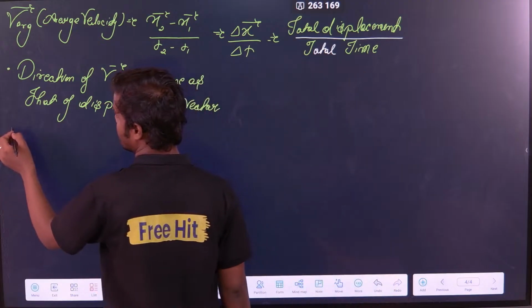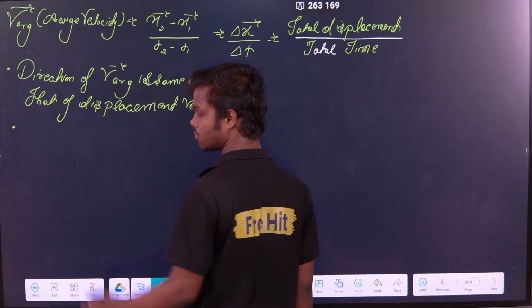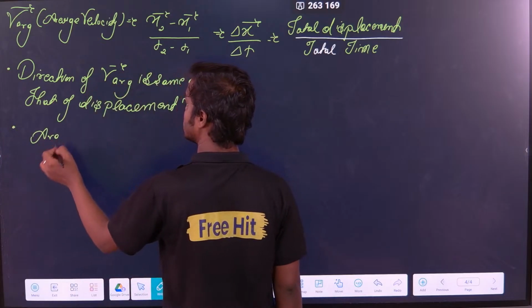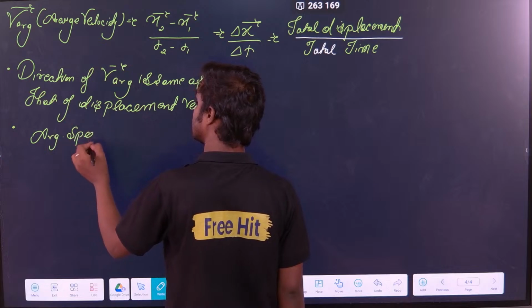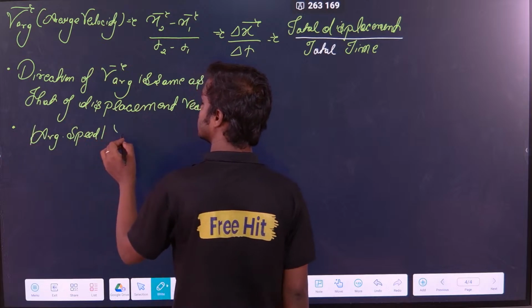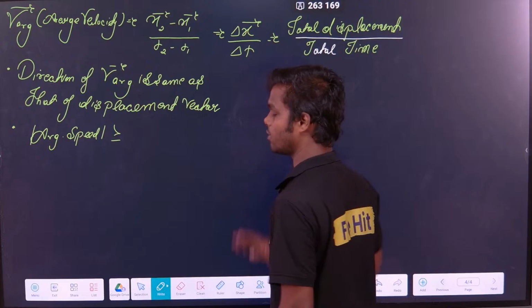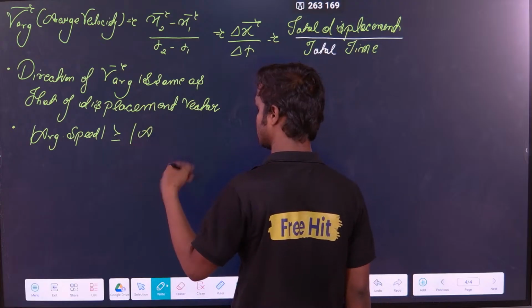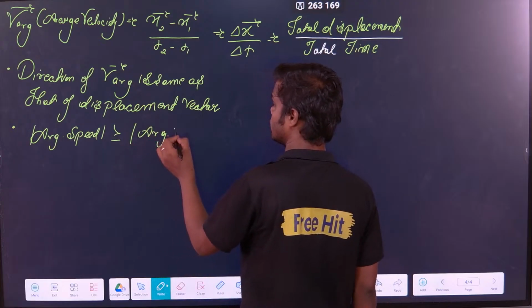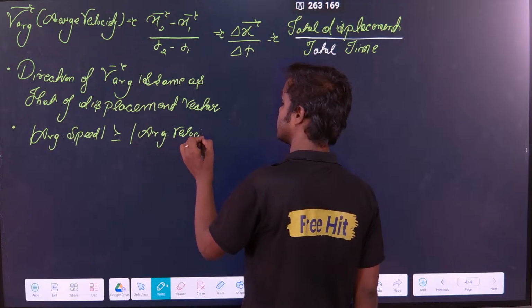Correct? Second thing, average speed is always greater than or equal to the magnitude of average velocity, like distance and displacement. Correct?